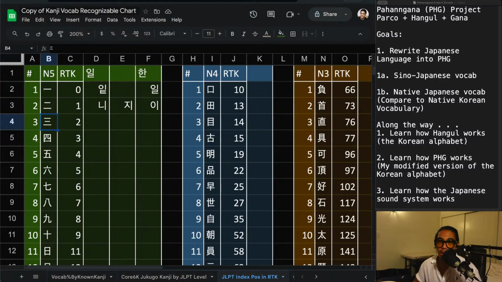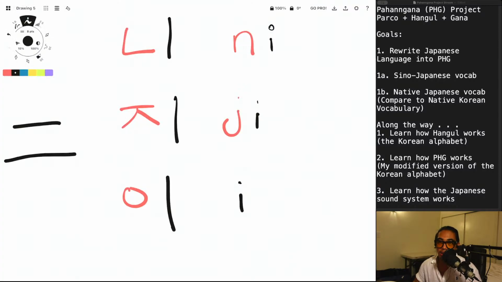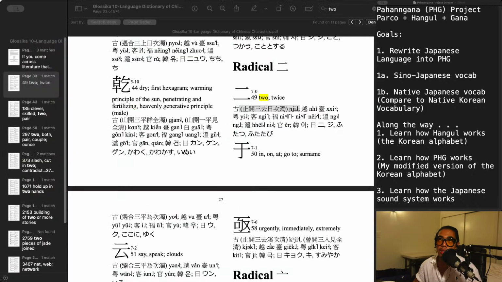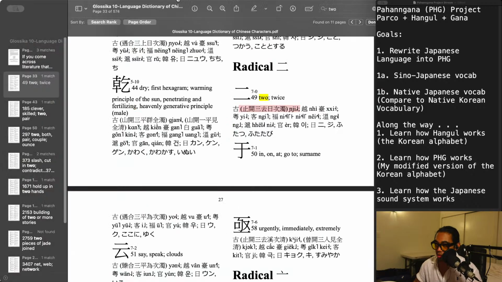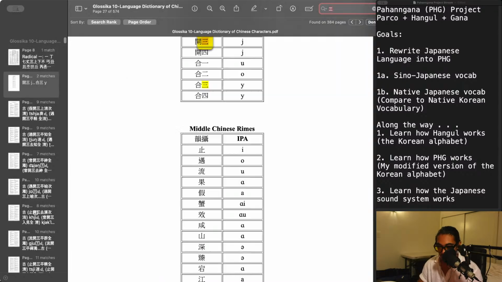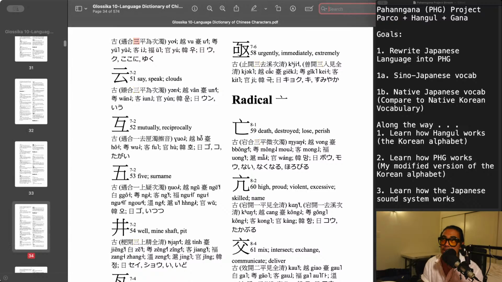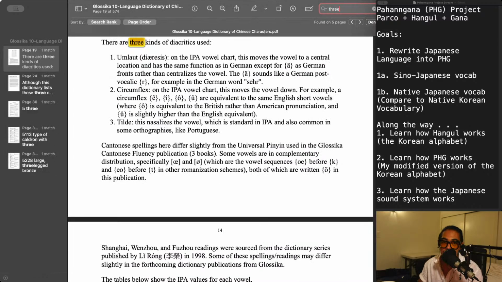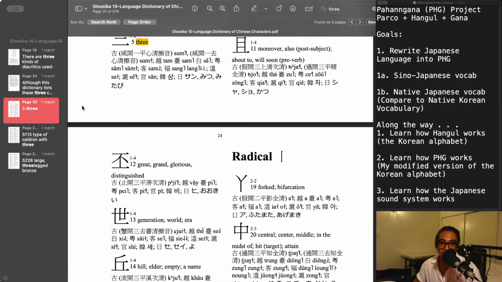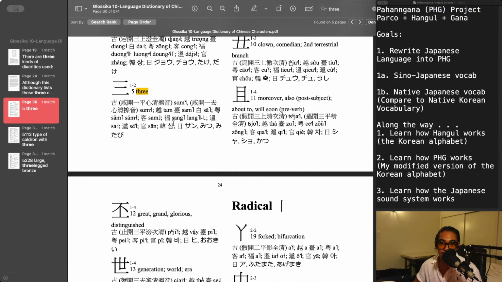Okay, so let us take a look at our primary source. Yeah, this may have to be a bit creative, especially these basic characters, they're used so much. So let us take a look here. Sam. Okay, awesome.